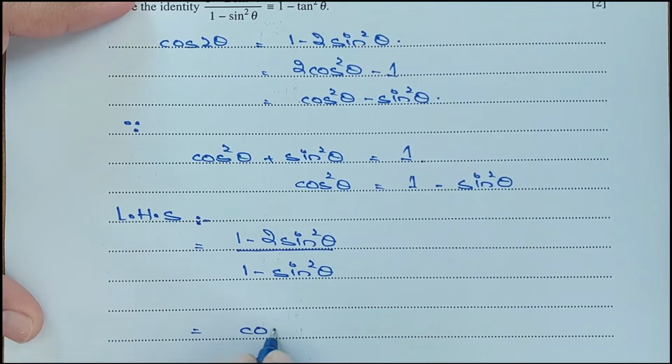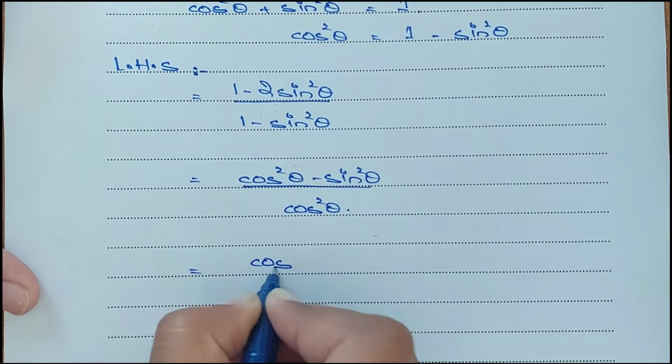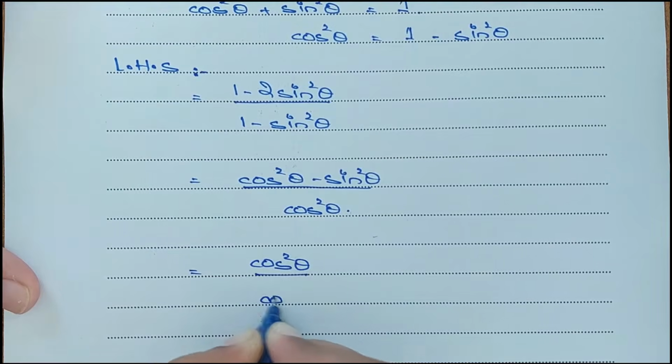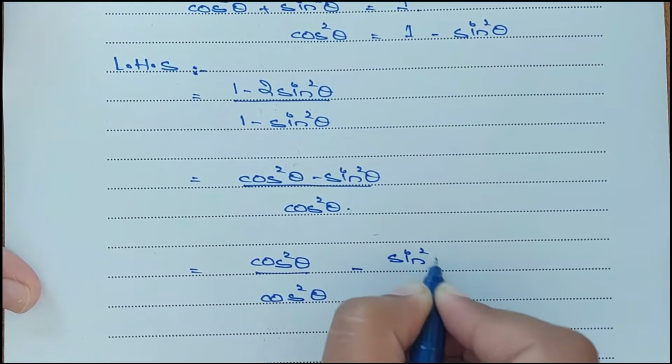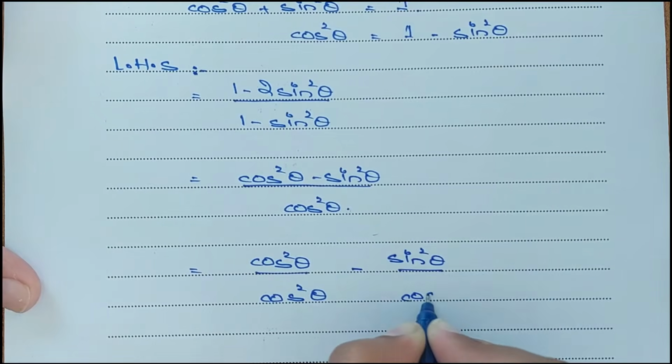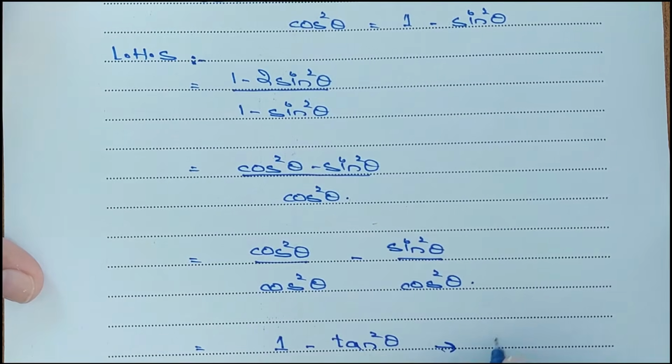So this is equal to cos square theta minus sine square theta divided by cos square theta. Okay, now let me split the numerator. So this is cos square over cos square minus sine square theta over cos square theta. So cos over cos is just 1, sine over cos is tangent, tan square theta. This is equal to my right hand side.